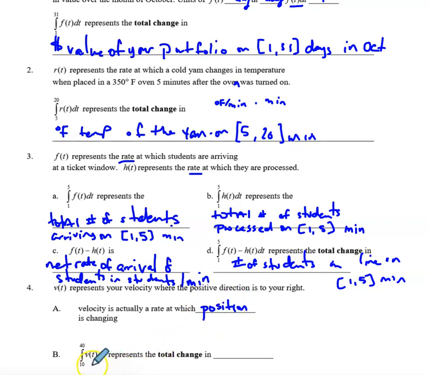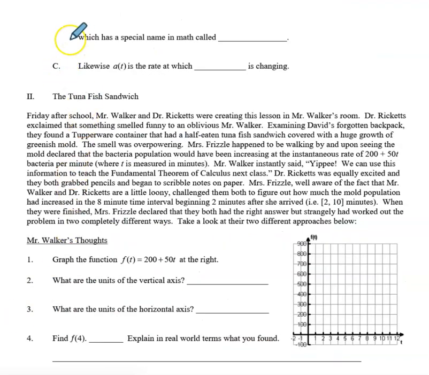And then the integral of v of t dt from 10 to 40 would be the total change in position on the interval 10 to 40, and there are going to be some units of time there, seconds, minutes, hours, who knows. And we're going to finish up here with, this has a special name in math called displacement. Total change in position is called displacement.